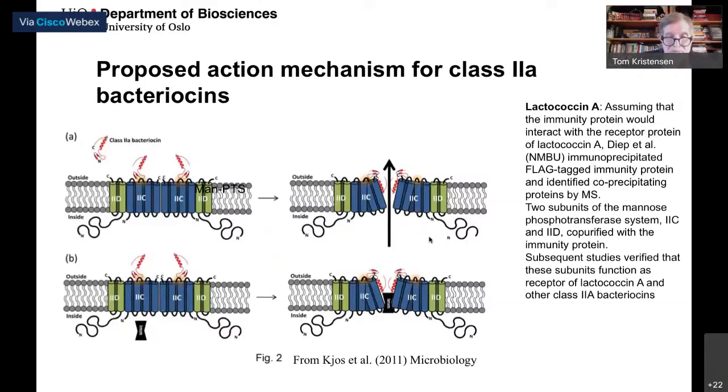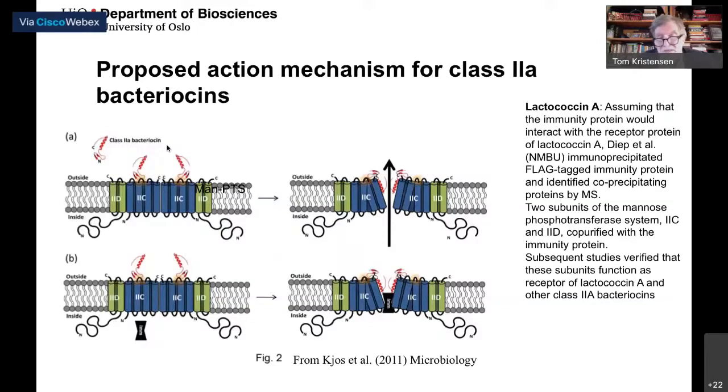This gave them a hint to what could be happening, and they showed then in a series of papers after that that mutations in this membrane system would influence the degree of inhibition from the bacteriocin and so on. So this was a quite important result because it showed at least one possible mechanism for how these bacteriocins could obtain their extremely high potency.